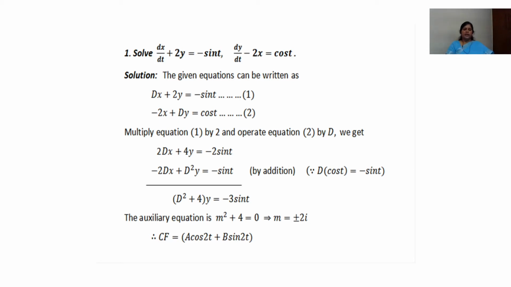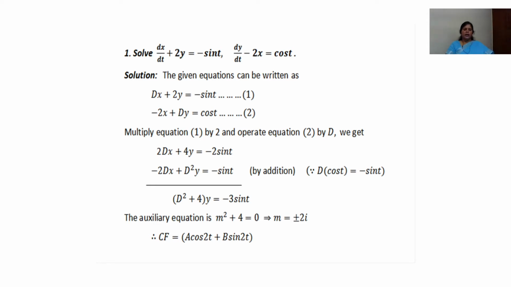So we are multiplying with D, meaning D of cos t, that is d by dt of cos t. We have to differentiate cos t with respect to t, so it becomes minus sin t.